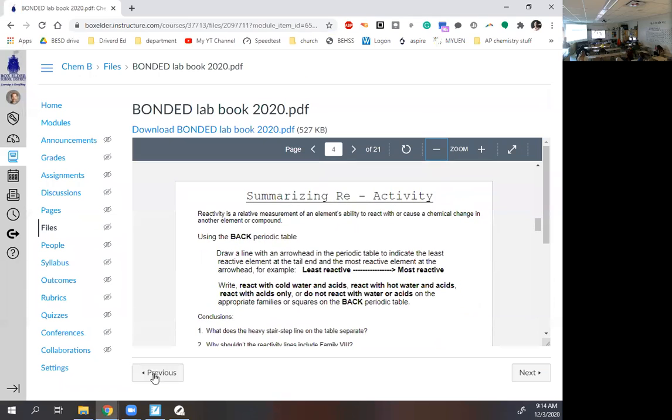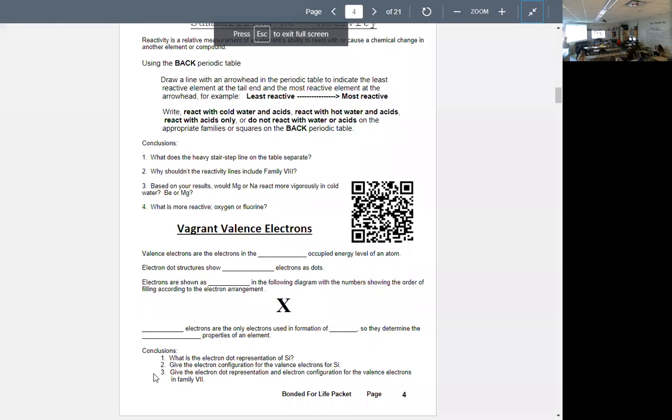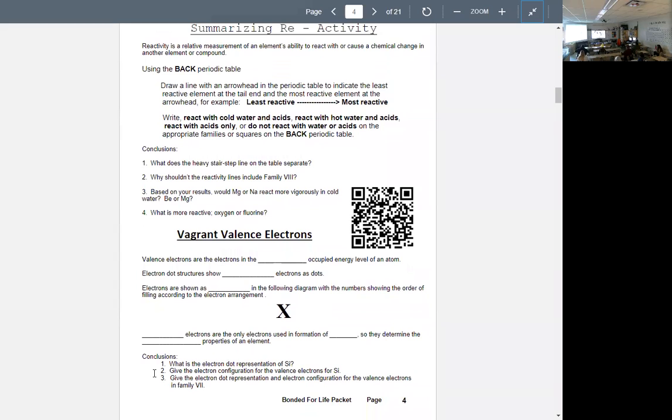At the top of page 4 it says, draw a line. These are the arrowheads for reactivity. So we did that part. And then, reacts with cold water and acid, hot water and acid. I did it a little bit different this year, but we did that. And we just rocked a quiz on that. Okay, so there are 4 conclusion questions.